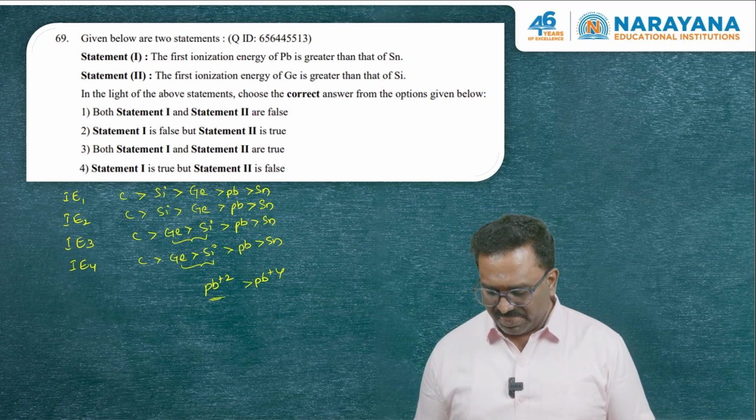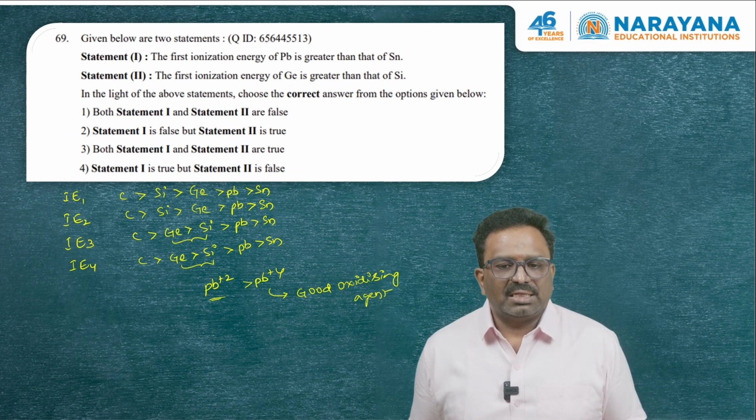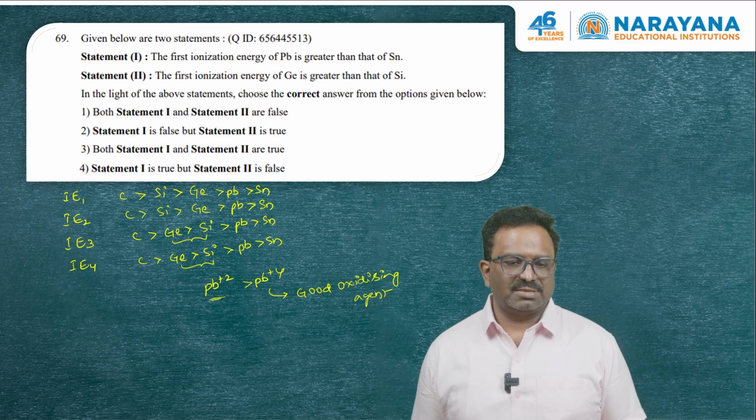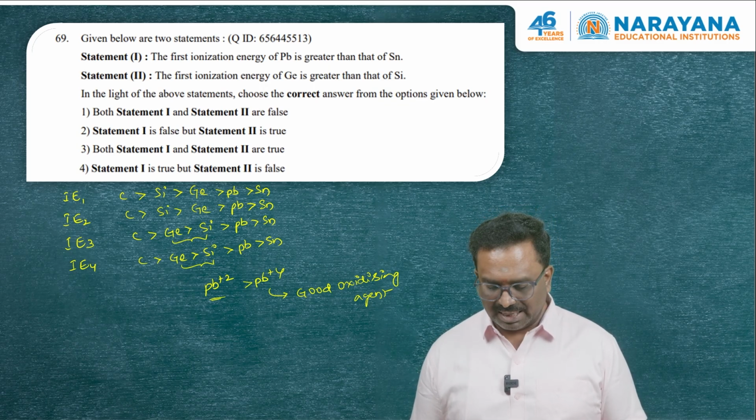Because of that, Pb plus 4 acts as a very good oxidizing agent because it is unstable in plus 4 state, due to the lanthanide contraction consequences, the poor shielding effect of inner 4f electrons.